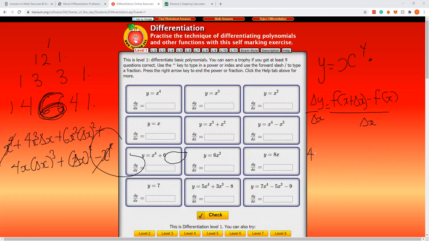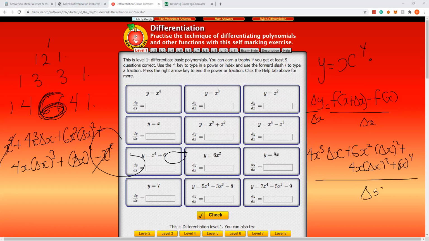4x cubed delta x plus 6x squared delta x squared plus 4x delta x cubed plus delta x to the power 4, everything over delta x. So let's bring out delta x.